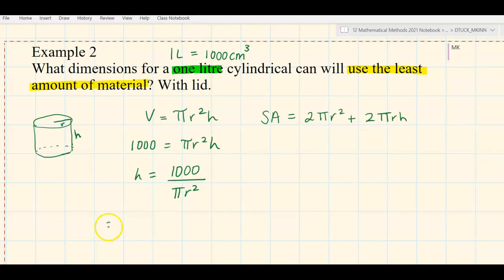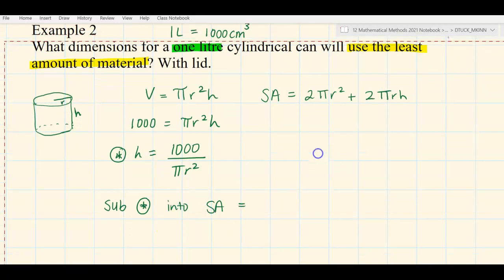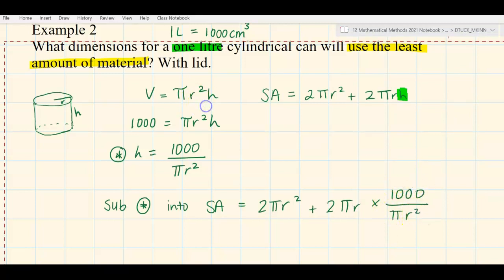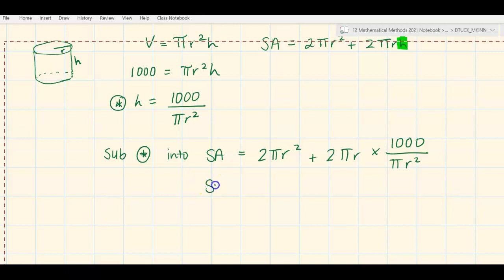All right, so now we are going to sub in this equation into the surface area, and that gives you 2. Another reason that I think it's nice if I go for h instead of r is there's only one h in the surface area formula. So less substitution to do. That sounds good to me. Times 1,000 over pi r squared. We simplify if we can.